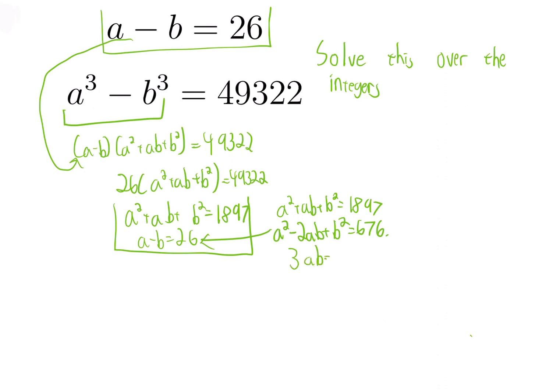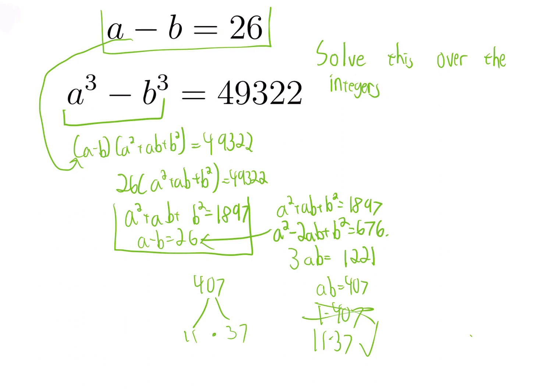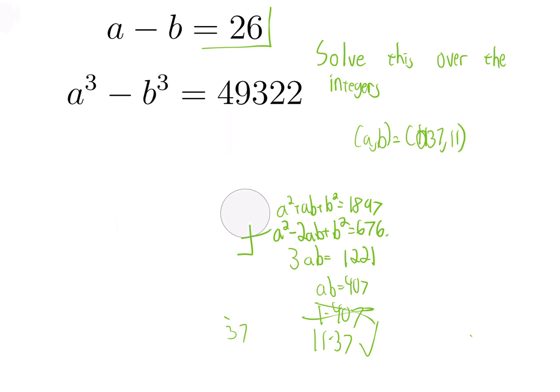We'll get 3ab is equal to 1221. So then ab is 407. If we prime factorize 407, we'll get it's 11 times 37. So there's two options for a and b. It's 1 times 407, which does not work, or 11 times 37, which does work. So our answer is a and b are 37 and 11.